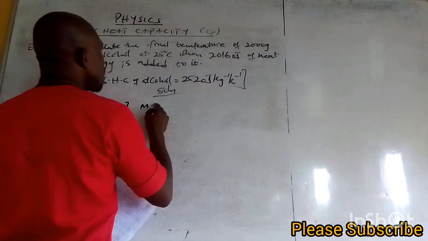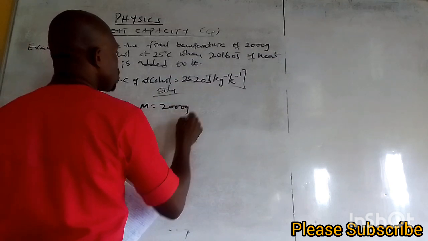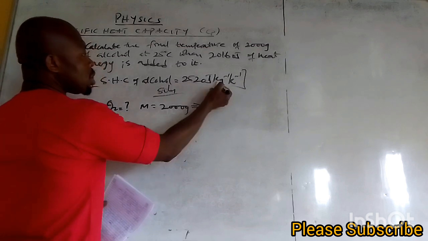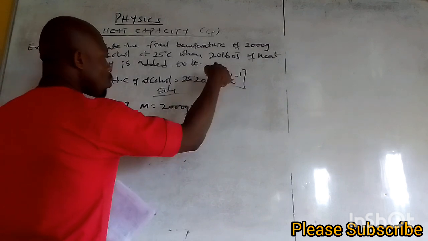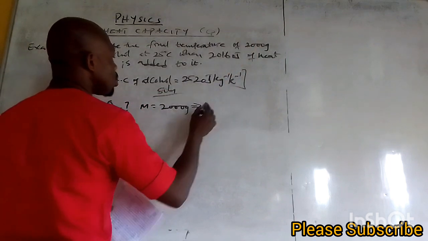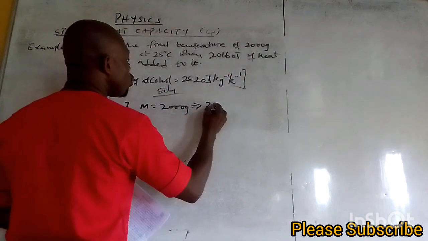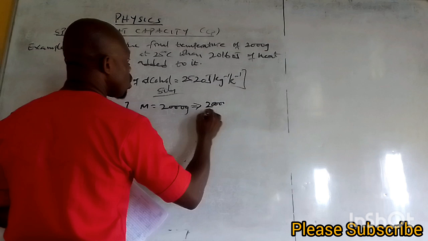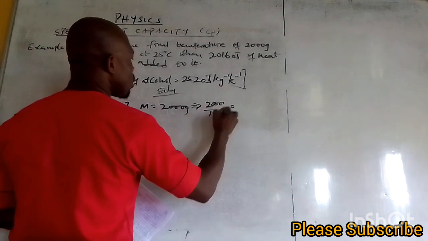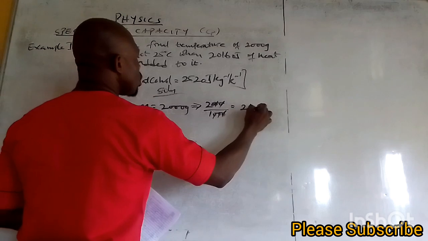Mass is 2,000 grams. And of course, this one is in kg. If it is in grams, we leave it in grams, but since it's in kg, we have 2,000 over 1,000, which will give us 2 kg.